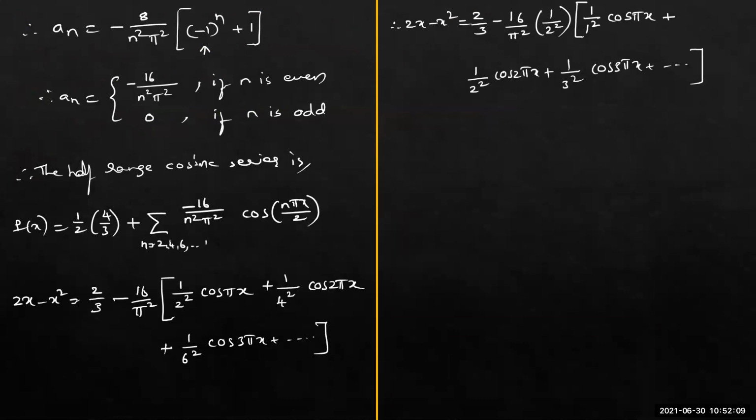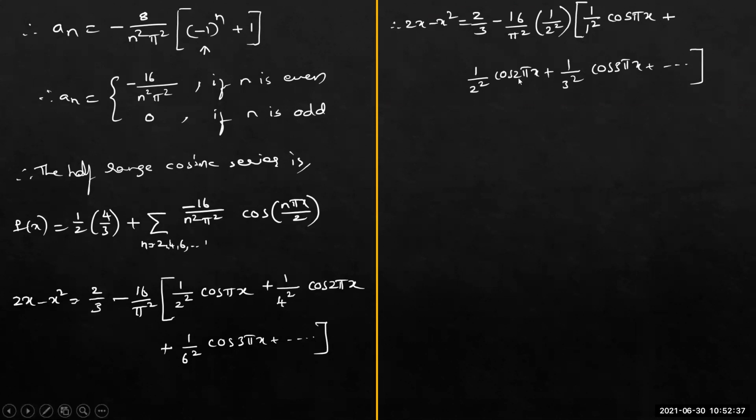To get either plus 1 or minus 1, we need to see for what value of x we will get alternately plus 1 and minus 1. If you remember, cos pi has the value minus 1. Not only for cos pi: when the coefficient of pi is an odd number, like cos pi, cos 3 pi, cos 5 pi, they are all negative ones.